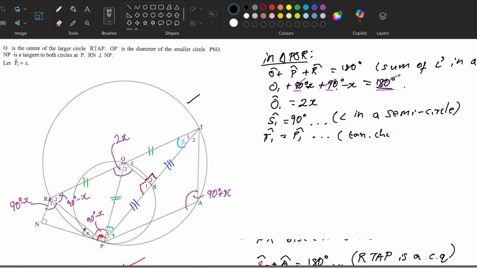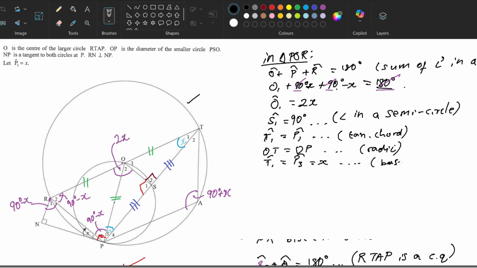And then you can tell the examiner that you also know that OT is equal to OP. Your reasoning is going to be radii. Then you tell the examiner again that you know that angle T1 is equal to angle P3, which is equal to x. We are going to say base angles of an isosceles triangle, right?